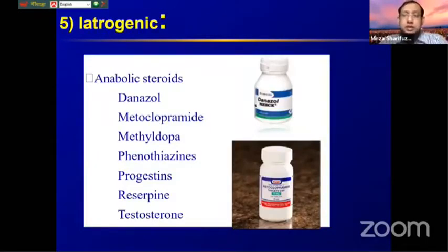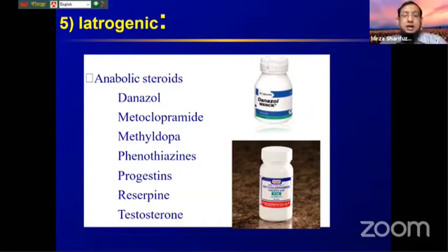But before delving into any causes, we have to look into the iatrogenic causes, because we can induce hirsutism by giving some drugs like anabolic steroids. Metoclopramide is an anti-emetic drug used commonly. Methyldopa is a commonly used antihypertensive agent, used in females especially during the pregnancy period.